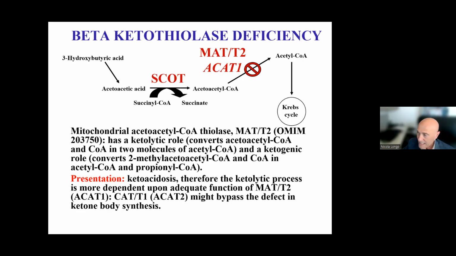But what this enzyme does, once you generate acetoacetyl-CoA, you have two molecules of acetyl-CoA attached together. So you basically split them apart, generating two molecules of acetyl-CoA that can enter the Krebs cycle for energy utilization.